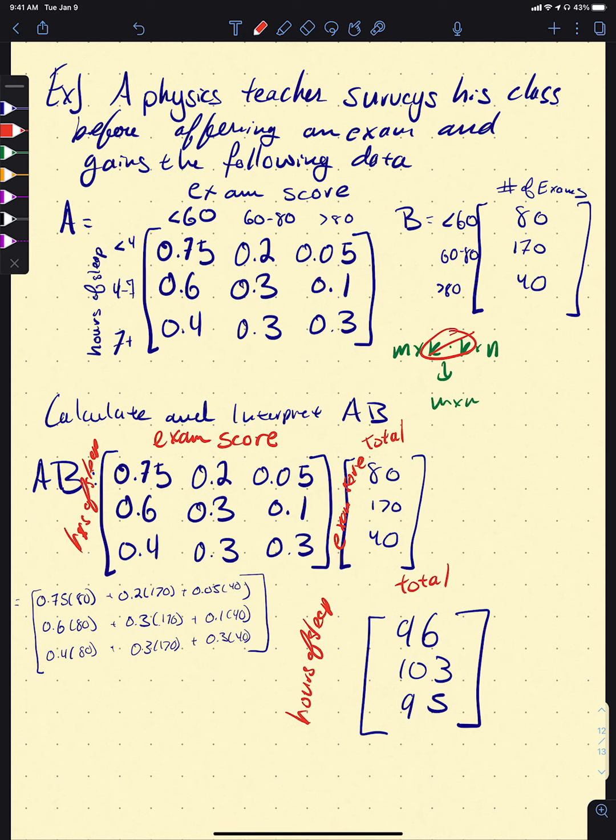This is the total number of students who got 7+ hours, who got 4 to 7 hours, and who got less than 4 hours. Because we have the percentage for these hours of sleep given an exam score, and we have the total number of exam scores, we can calculate this matrix here, okay?